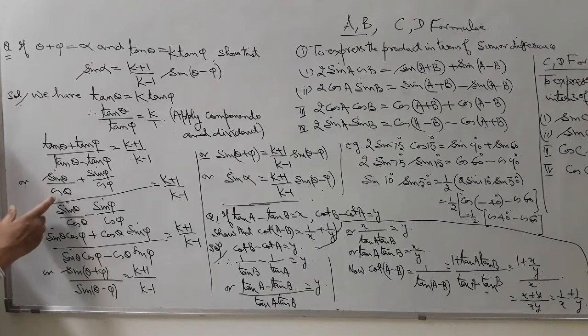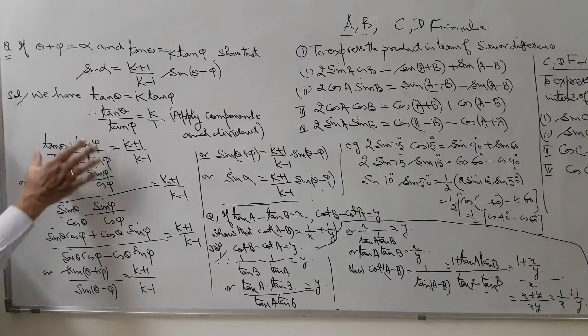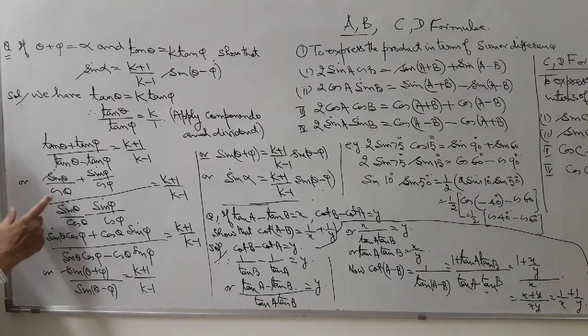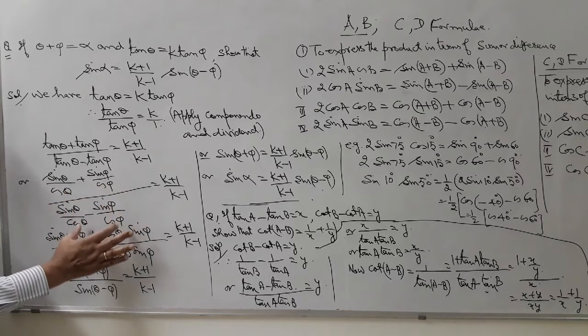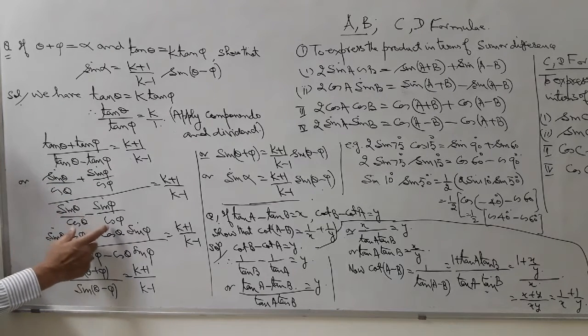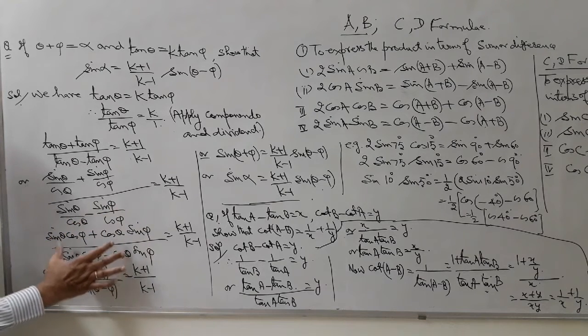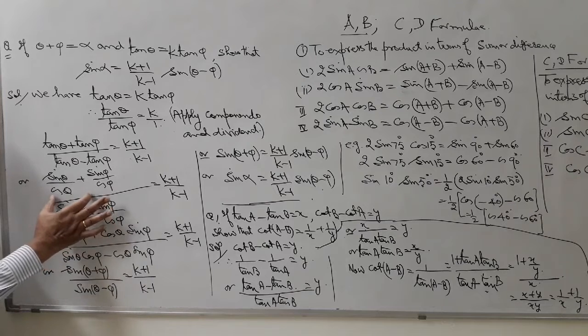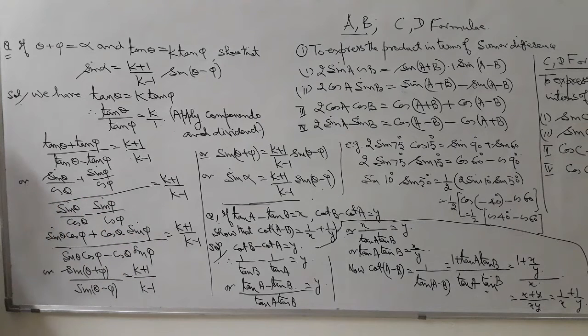Now change into sine and cos, the numerator and the denominator, we get this. Take the LCM, the denominator will cancel out. You have sine theta cos phi plus cos theta sine phi upon sine theta cos phi minus cos theta sine phi. The denominator cos theta cos phi will cancel out.